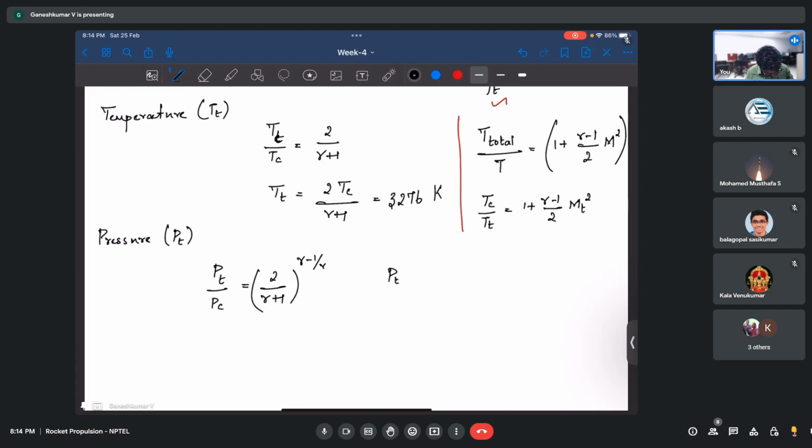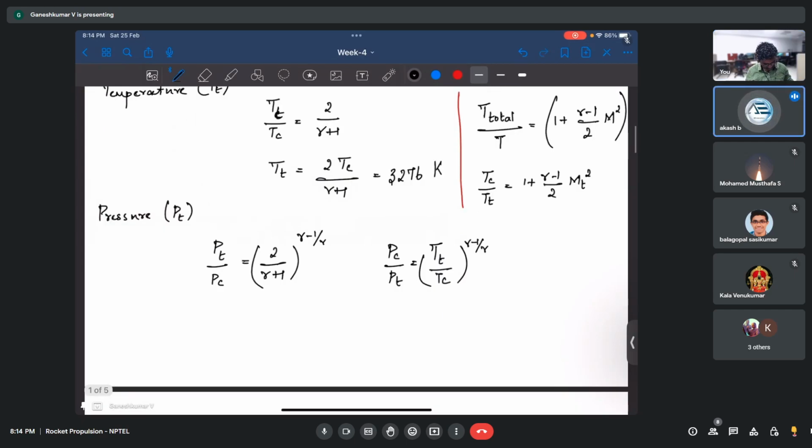This is nothing but Pt by Pc is equal to T by Tc to the power gamma minus... Basically, I think this should be Pc and this should be Pt. Or is it gamma by gamma minus 1, or gamma minus 1 by gamma? One minute, let me verify it.